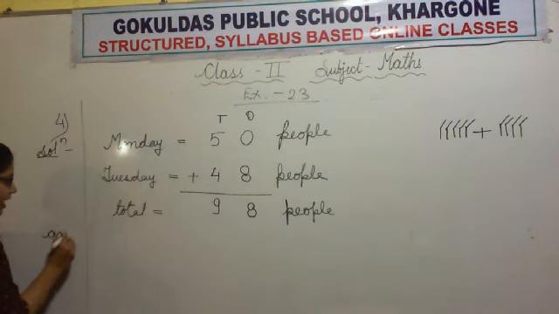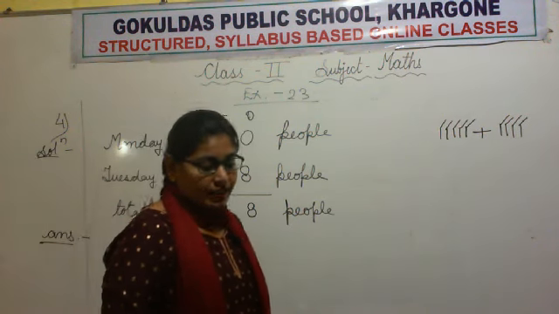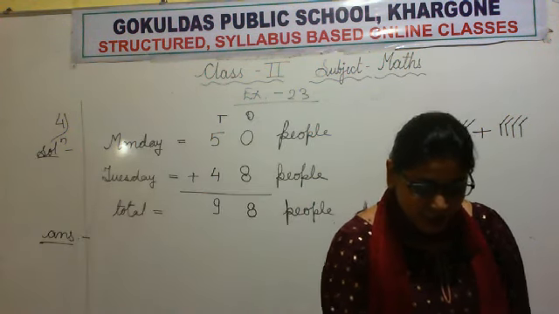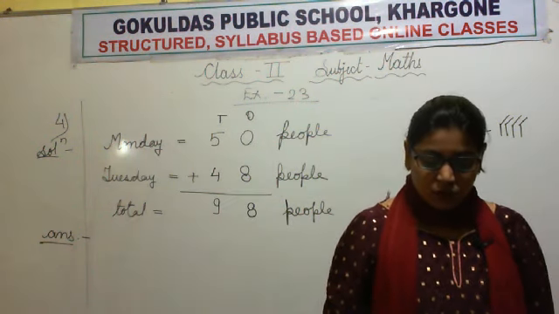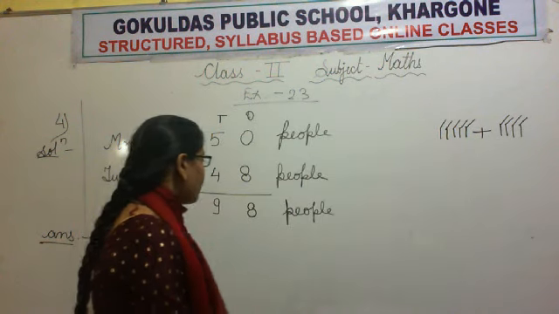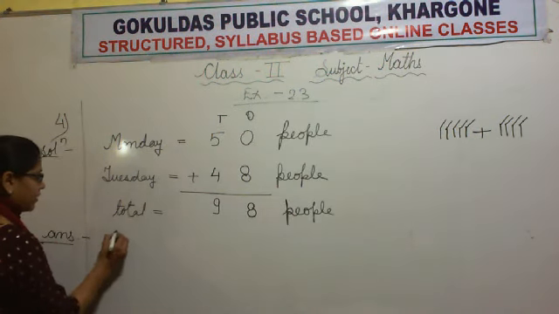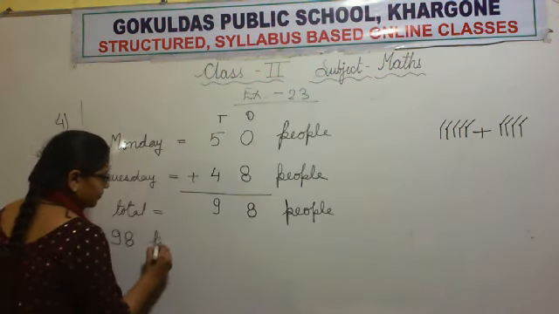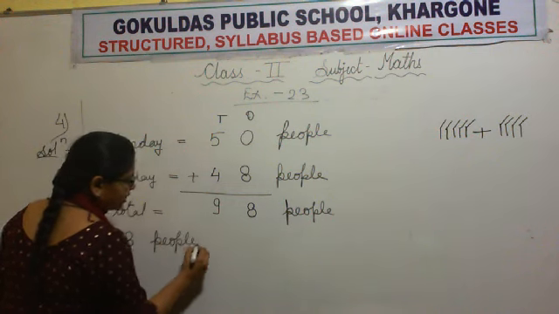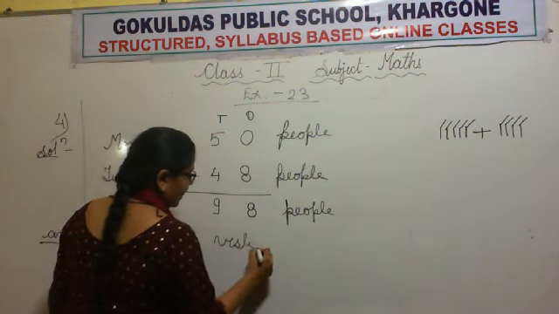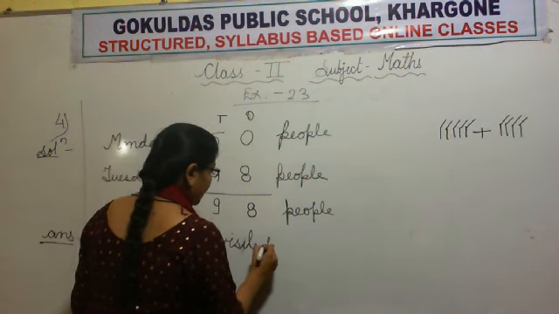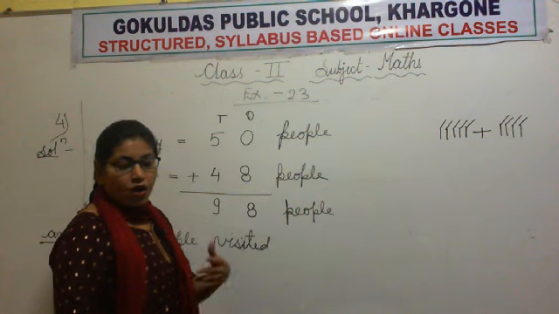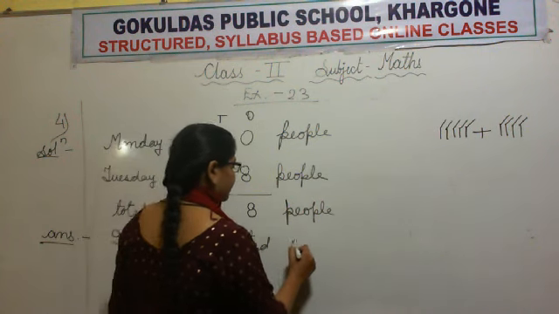So we will write the answer now. What is our answer? The question was asking us to find the total number of people who visited the exhibition on both days. So we will write: 98 people visited on both the days.